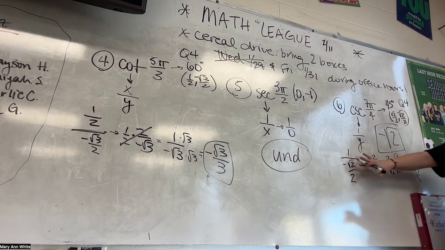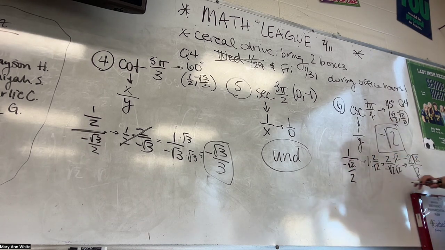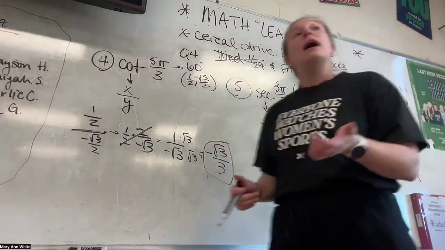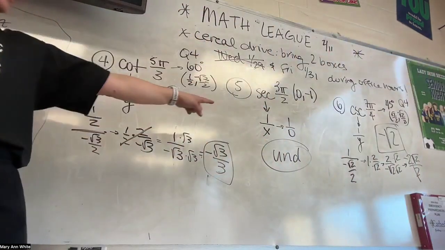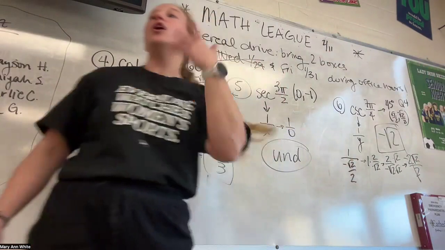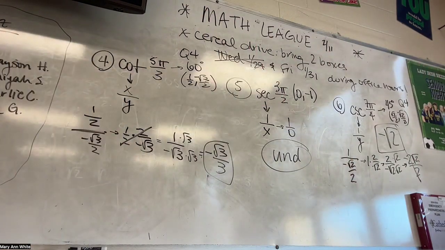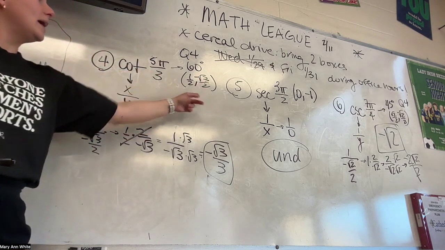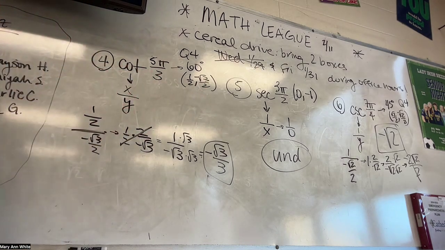You don't necessarily have to show me this much work if you've done enough of these. If you've really practiced these, as soon as you get 1 over that, you know you're going to end up in √2. You don't really have to show any work, but if you get it wrong and you show me a little bit of work, I might see that they were right there, but they picked y instead of x, or they switched this. If you show me a little bit, maybe I can find some extra points.